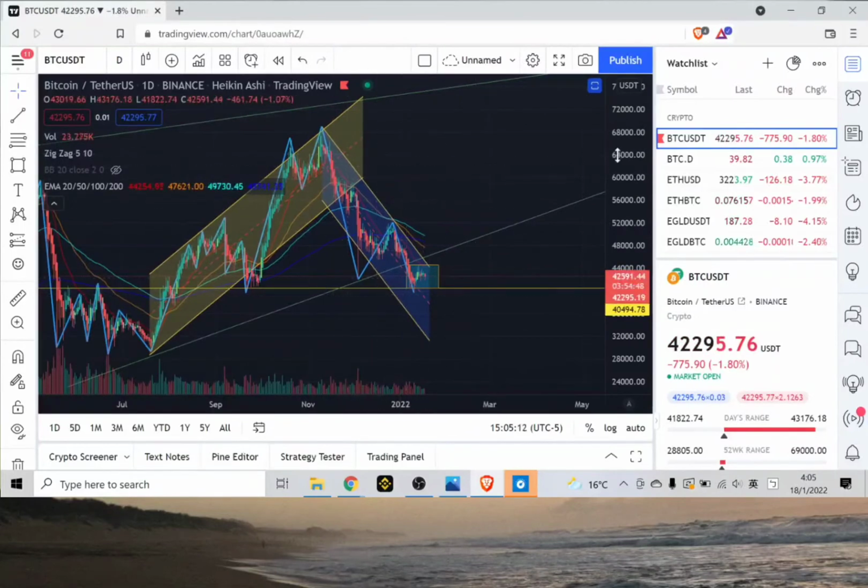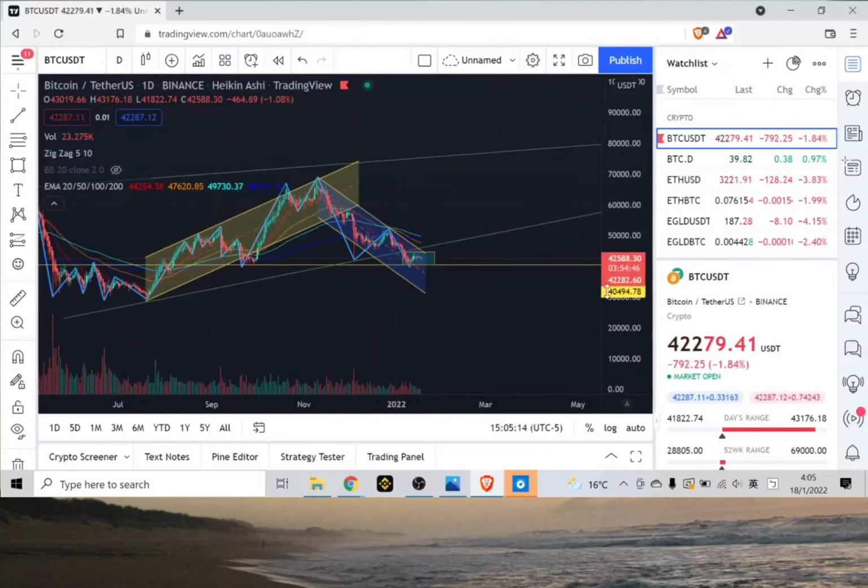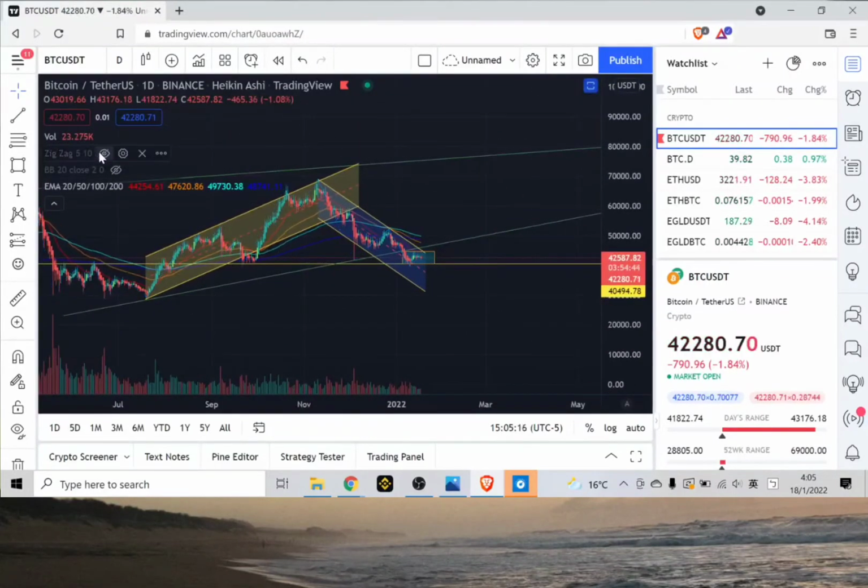So we are actually still in a bearish trend, little bearish trend, not a bear market of course, but if we had to go down, probably it's gonna be here next time we bounce, because we have so many times that we tested this support.